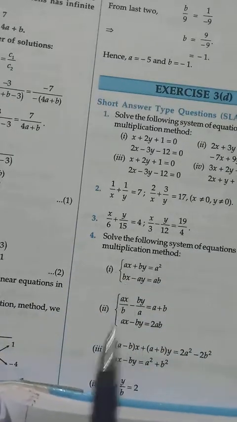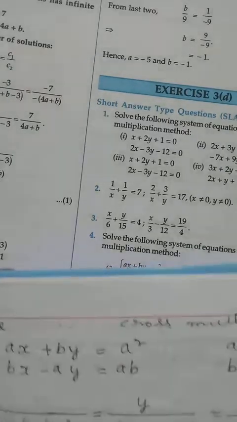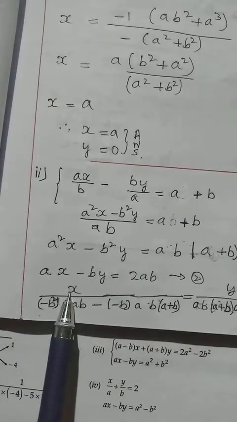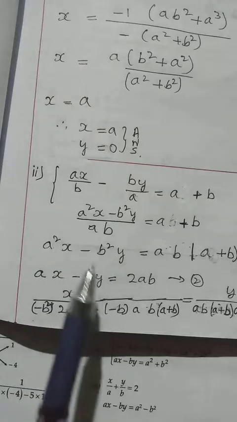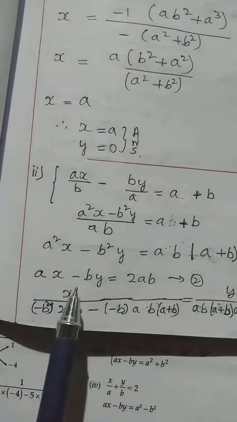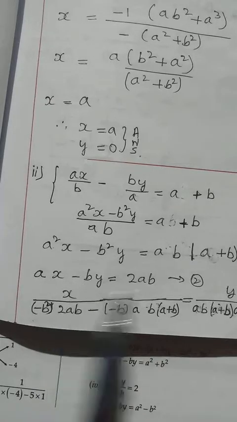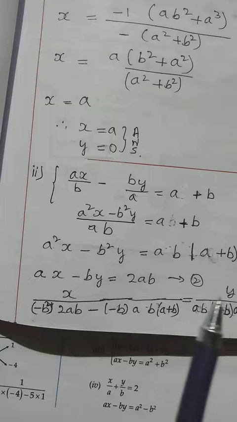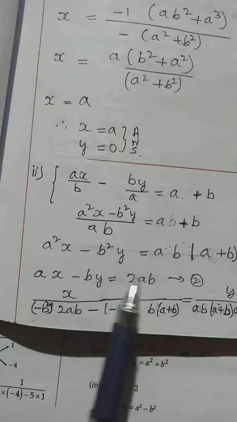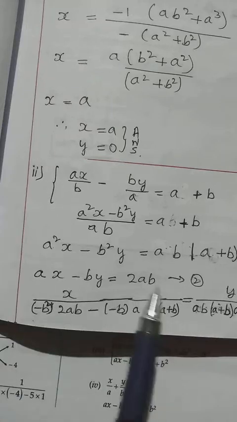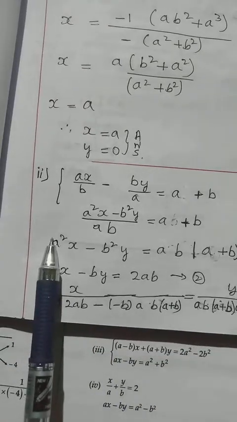Then equation 2 we have already as the linear one, so we can solve it directly. So we take the coefficient of x, it will become minus b square into 2ab minus b into ab, a plus b. Then we take that of y, it will be ab, a plus b into a minus 2ab into a square.